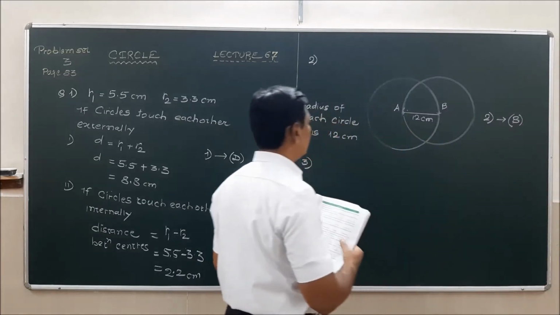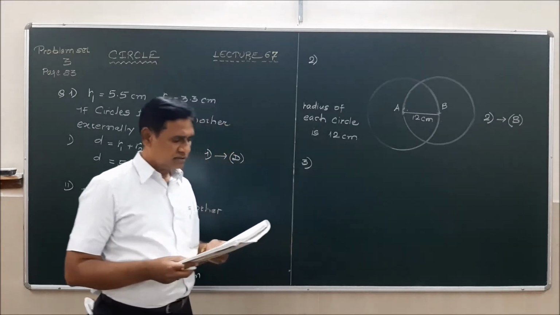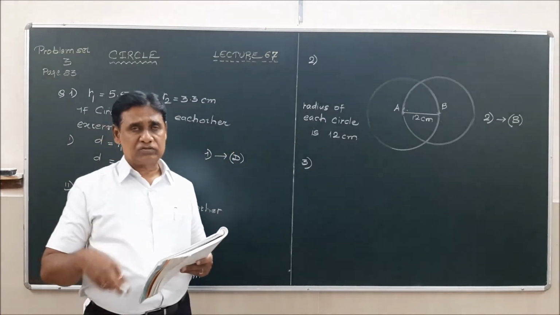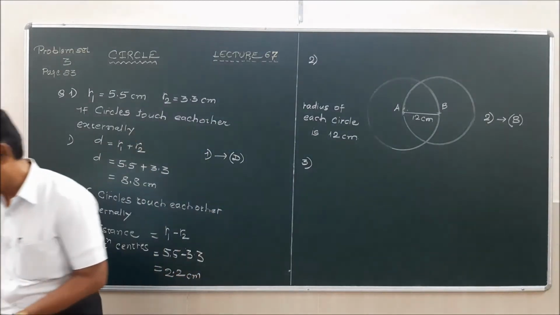The correct option is B. The third one: a circle touches all the sides of a parallelogram. So what is the nature of the parallelogram?